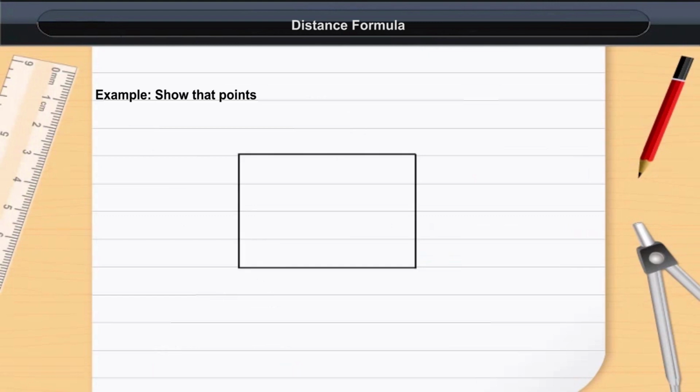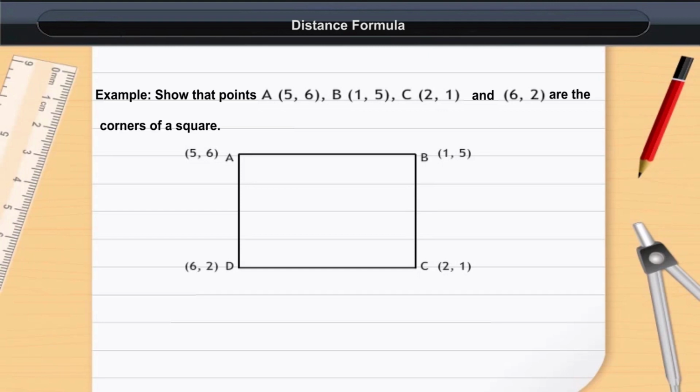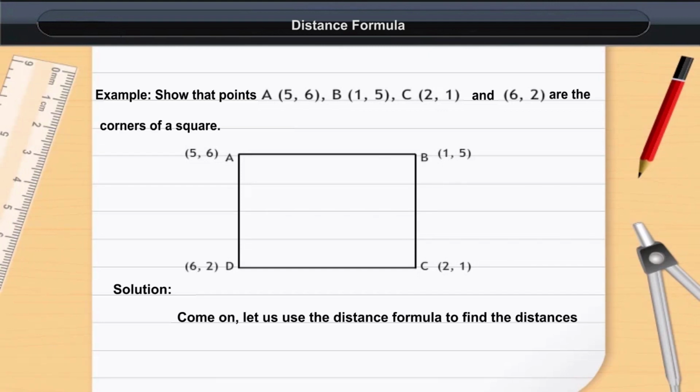Example. Show that points A (5, 6), B (1, 5), C (2, 1) and D (6, 2) are the corners of a square. Solution.